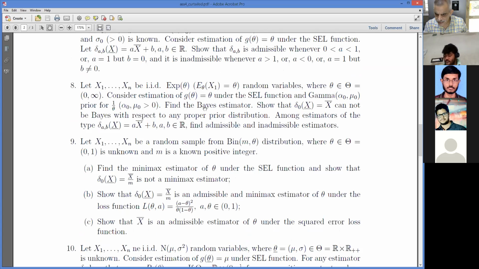First thing is, you know that any Bayes estimator is admissible, at least in the exponential family.